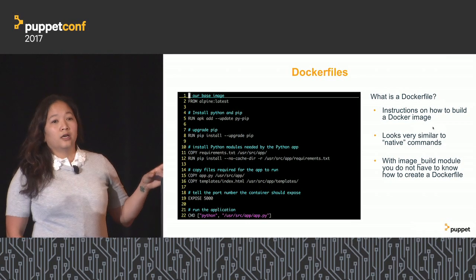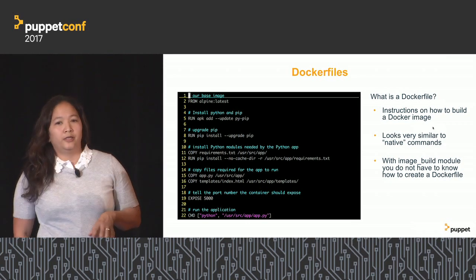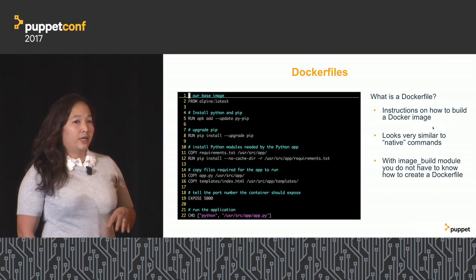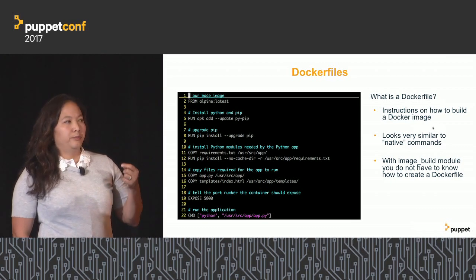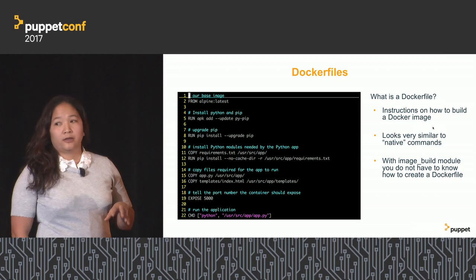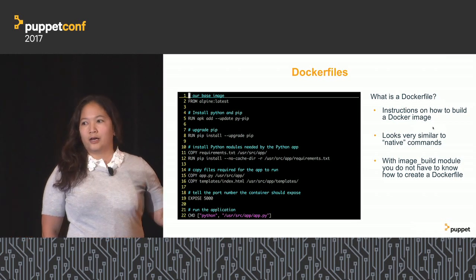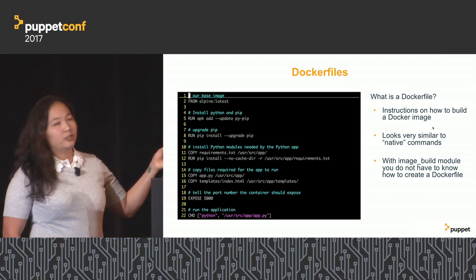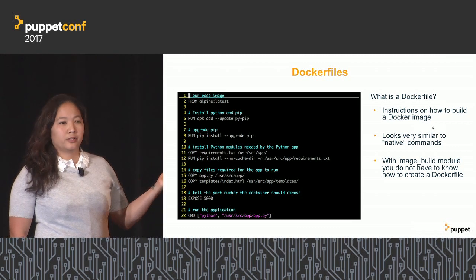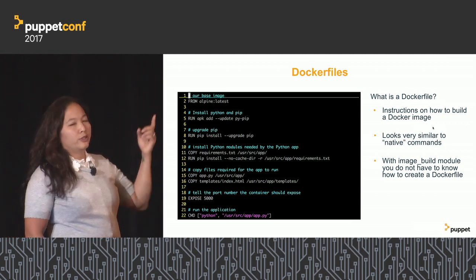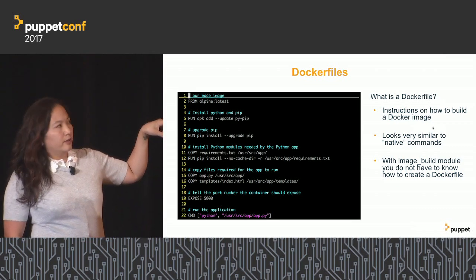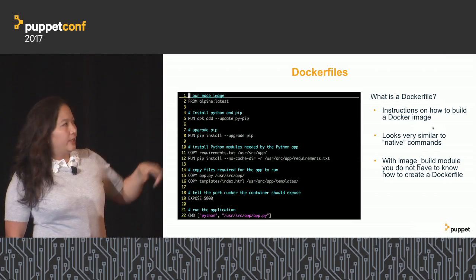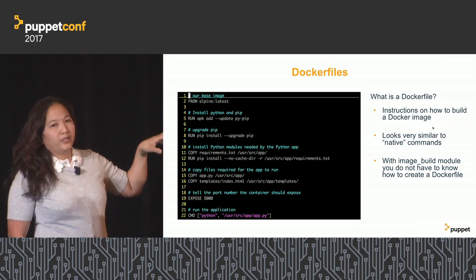This is what a Docker file looks like. Now, we are going to be leveraging Puppet manifests and using a module called image build to be able to build a Docker image without having to know any Docker file syntax. But this should look really similar to writing a shell script, right? So we're starting it off saying we're going to use the Alpine image. And then we're installing Python and pip, upgrading, and then moving in my requirements.